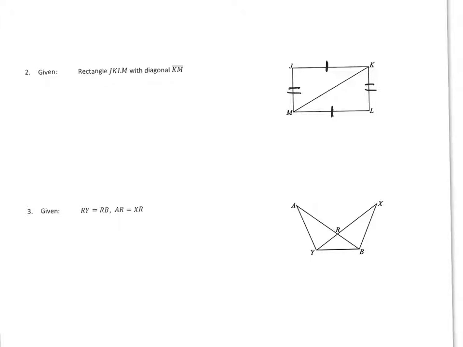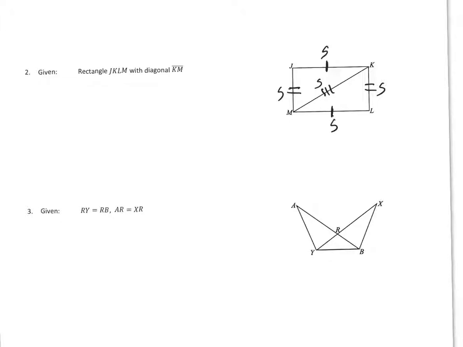Okay, and then I notice I have a shared side, which is the MK right there. Alright, so looking at it right away, I can see that I have enough to do a congruency between those two triangles. I have a side, and a side here, and then a side, and a shared side there.